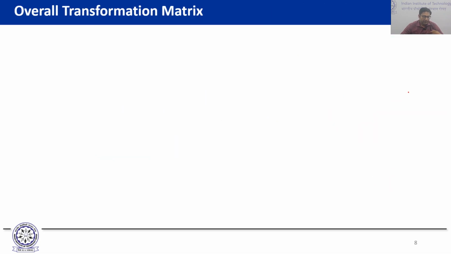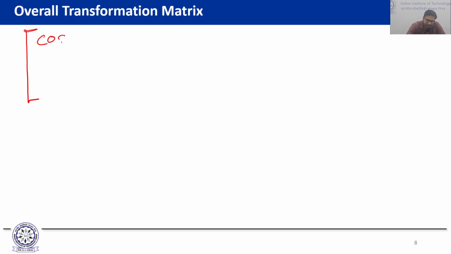Okay. Now, once you have done this rotation, so if I now go ahead and write down the overall transformation matrix, then this overall transformation matrix is going to have components of all of these three rotations.